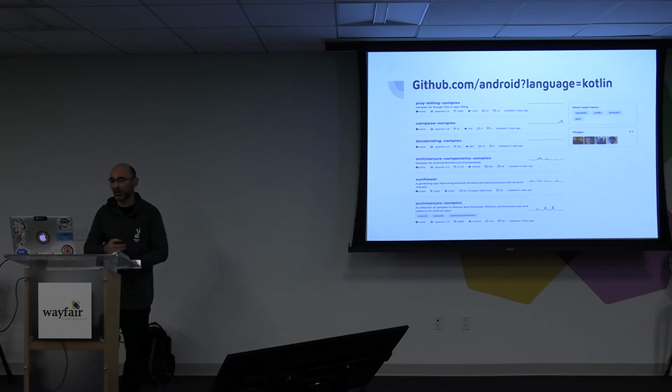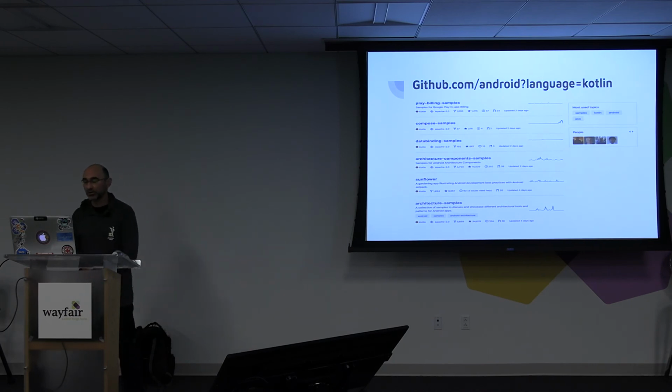If you're starting with a new project and you want to get deeper into Compose, you want to learn more about how Kotlin flows work with Android architectural components, you want to know how the new coroutine worker works, there's examples of all that inside these examples from Google. So it's just github.com/Android. If you only want to see the Kotlin ones, then add the language Kotlin and you'll see that. So they just brought all those together for us recently.